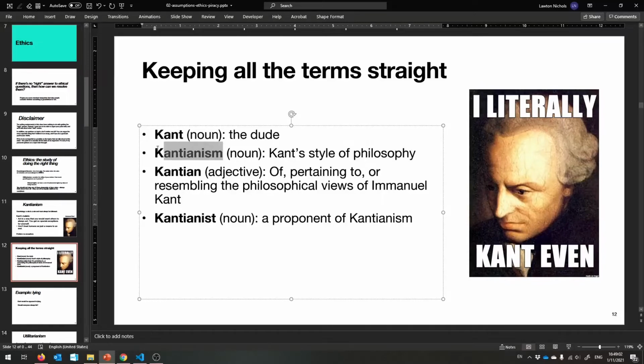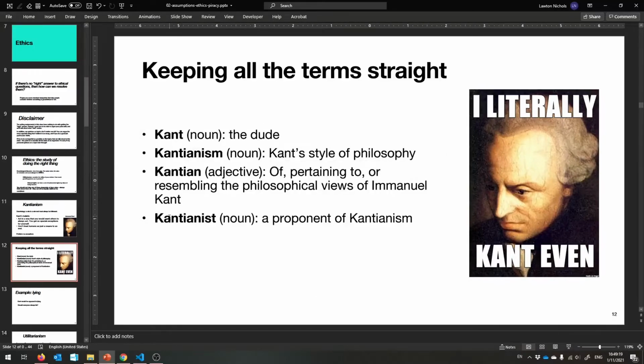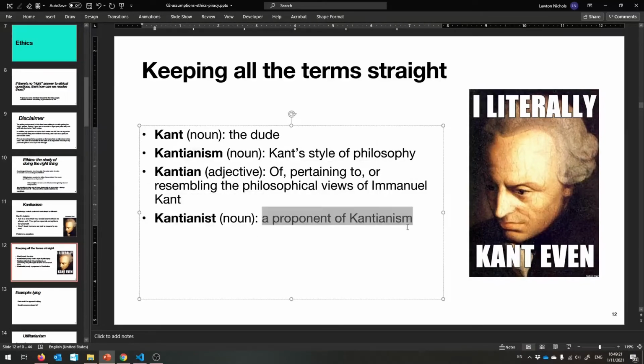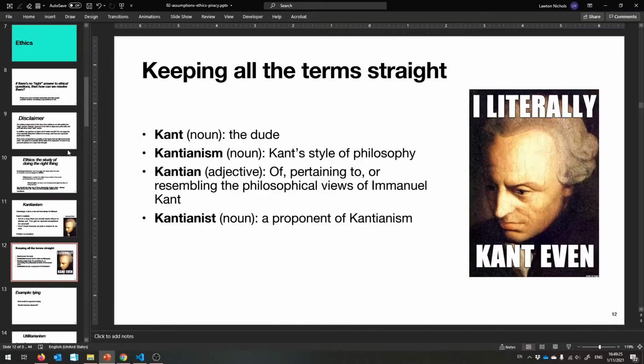So Kantianism is what you call Kant's style of philosophy. And Kantian is an adjective, so like this argument is Kantian, this philosophy, this statement is Kantian, okay? It's an adjective. And this is the silly dictionary definition of that. And then Kantianist is another noun, and that's somebody who likes Kantianism. They support it.